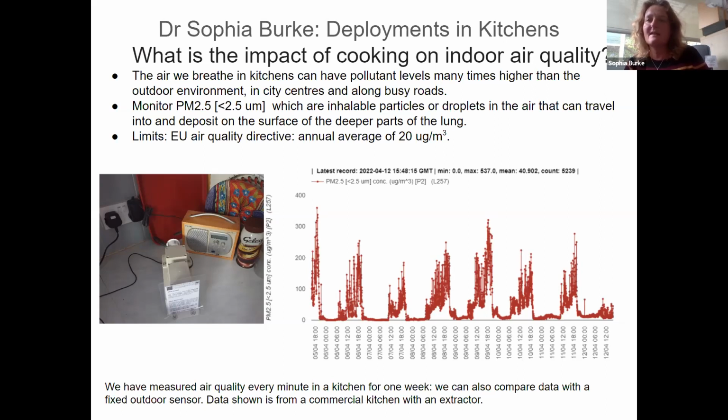This is every minute in a kitchen for a week. This is a commercial kitchen, and it has an extractor fan, so you would have thought it would be lower; it's quite surprisingly high. And in addition, you can also compare this data with our fixed outdoor sensors to give a sense of reality of how high this data is compared to the streets around the school that we walk.